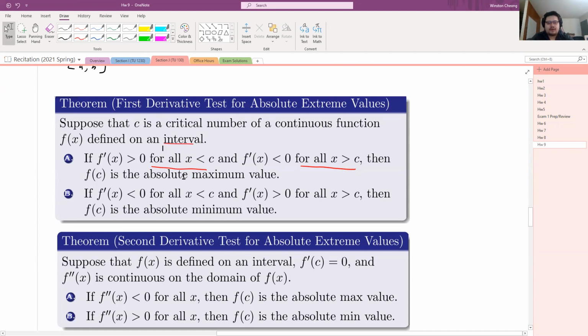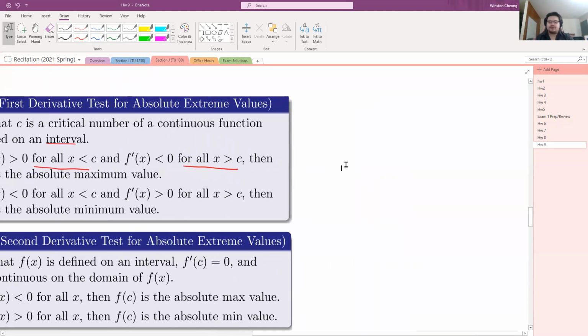What the property is trying to say is that you don't have any other critical points show up in your sign chart. Normally you would create a sign chart and see plus or minus.